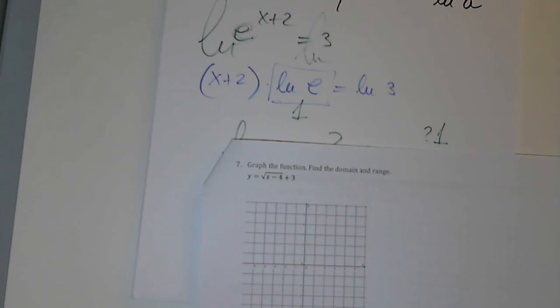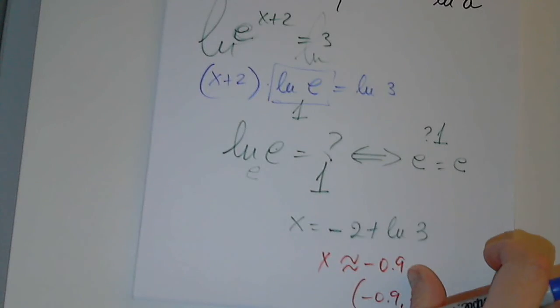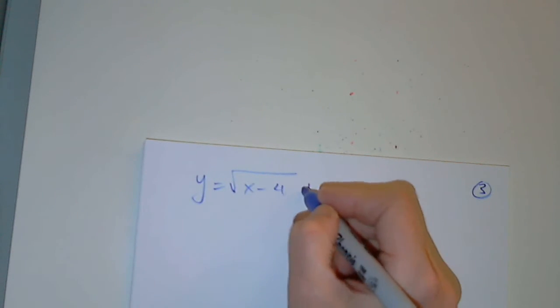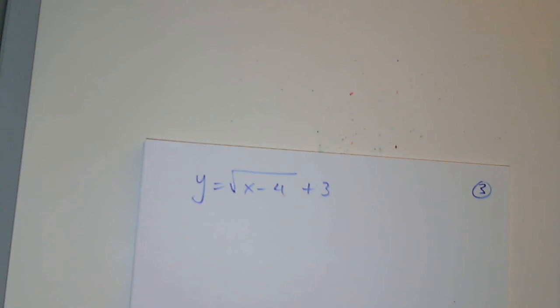The next one, do we need to graph the next one, or is it known? Let's find the domain. So how do I find the domain of this function? What do I have to write? We had an example last time when we determined the domain.